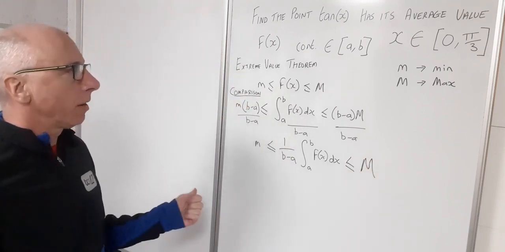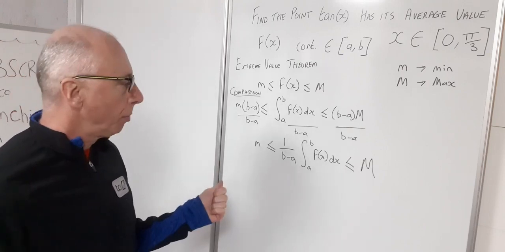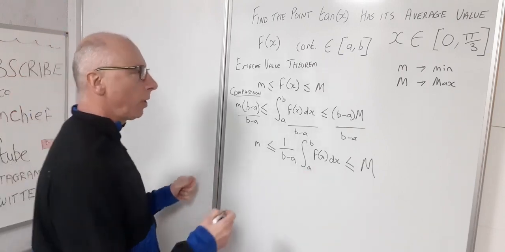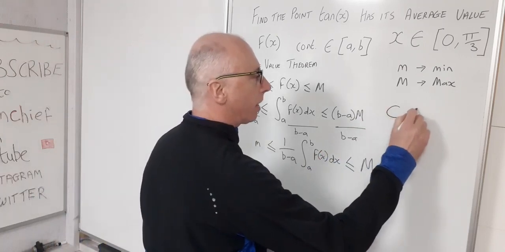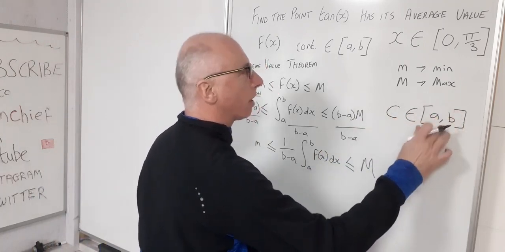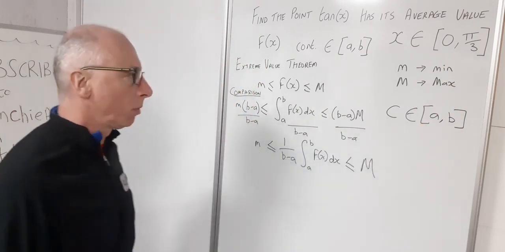Okay, so now what we need is something called the intermediate value theorem, just for a point C inside this value here. So if we have C in the same range of a to b, in this case for our question 0 to pi over 3, that's what our a and b will be.